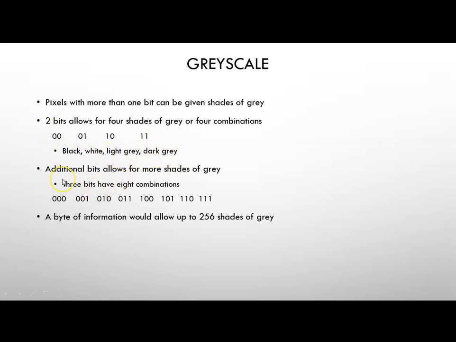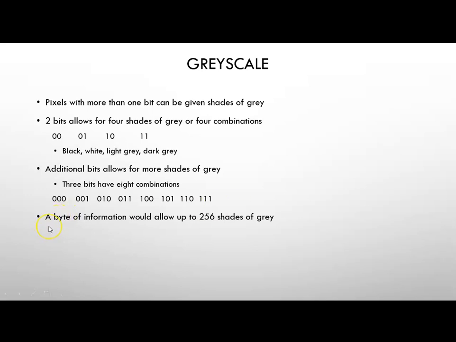Okay, now if we put additional bits of information assigned to each pixel, we can have more combinations of gray. So if you have 3 bits, now you can have 8 combinations of gray. If you have 4 bits, you could have 16 combinations, and 5 bits would give you 32 combinations.